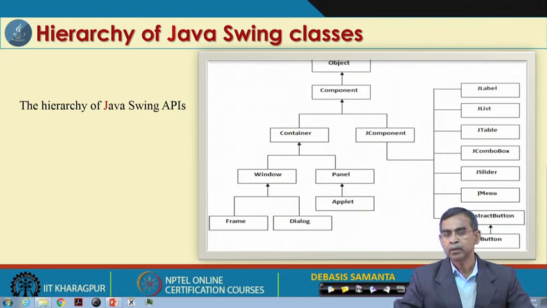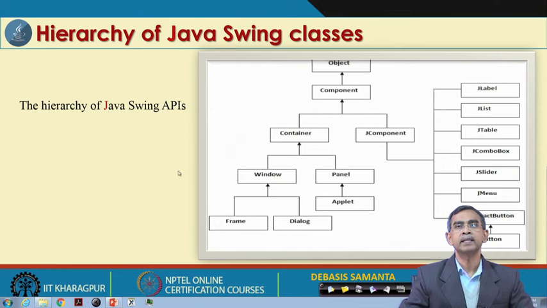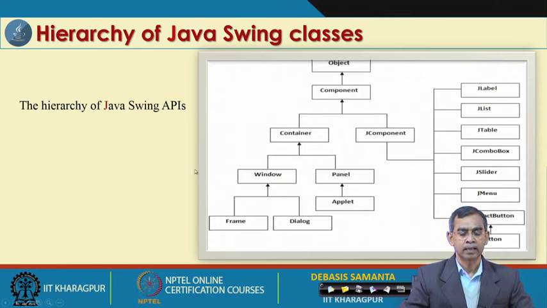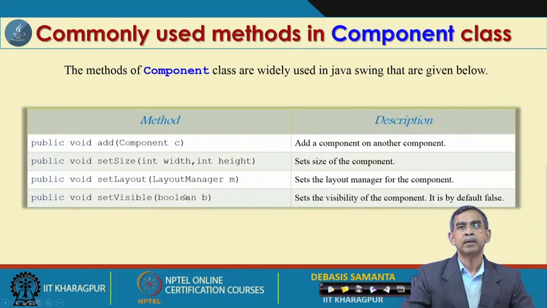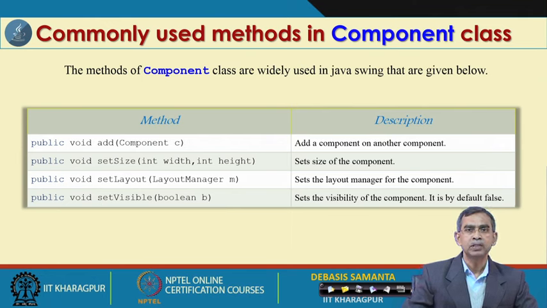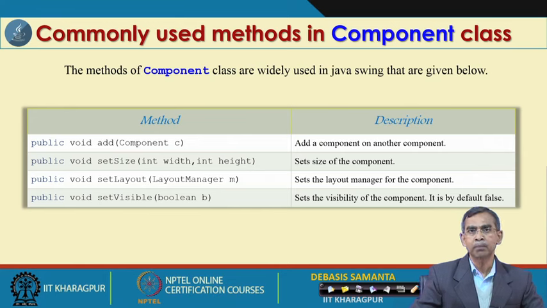Now, we will discuss the different components in Swing. There are a large number of components, so it will definitely take much time to discuss all of them. I will go a little fast, just showing what each component looks like, its methods and its constructors. This is for your information.